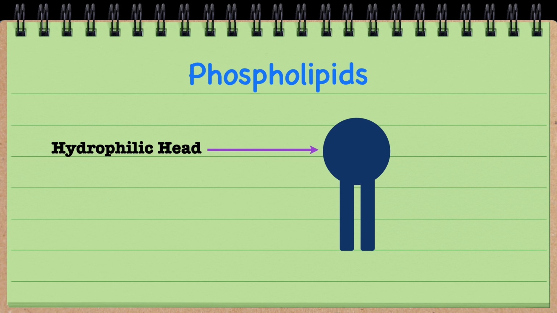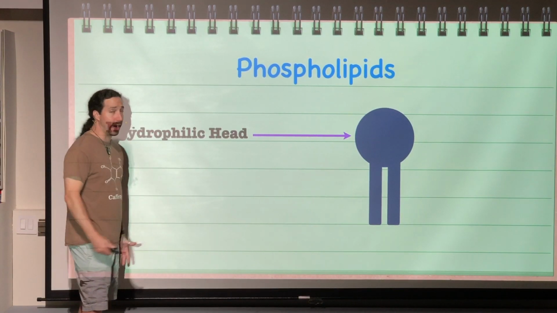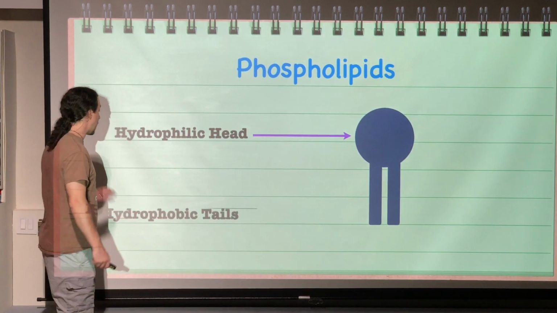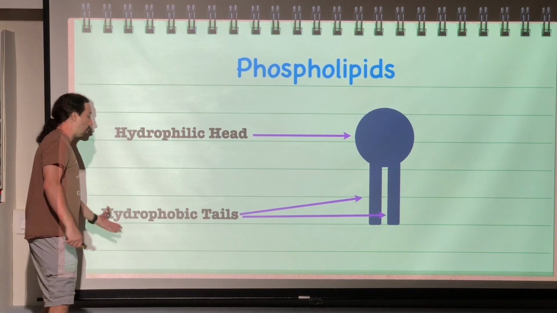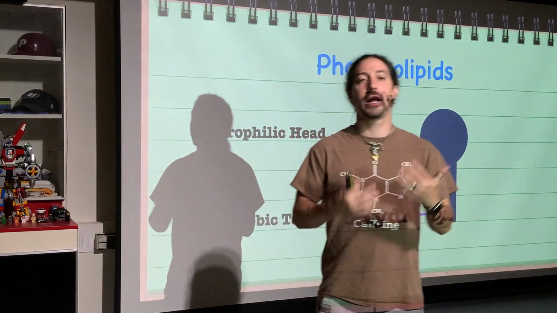The term hydrophilic is based upon the fact that water is polar. So anything that interacts with water is what we call water-loving or hydrophilic. On the other hand, we call the tails that are nonpolar, we refer to them as being hydrophobic or water-fearing. This molecule has both characteristics.